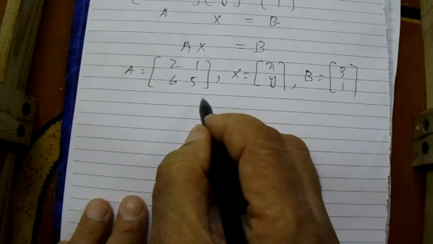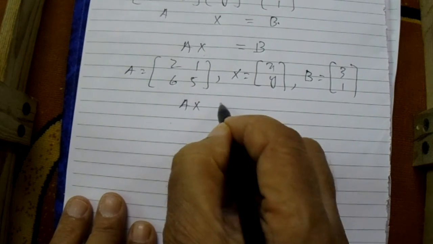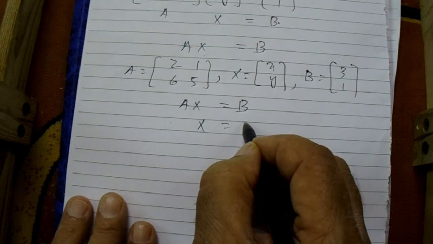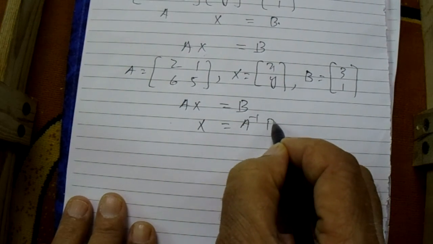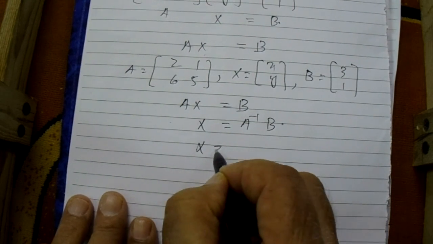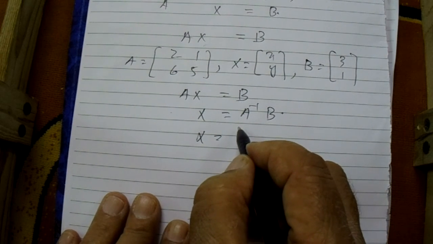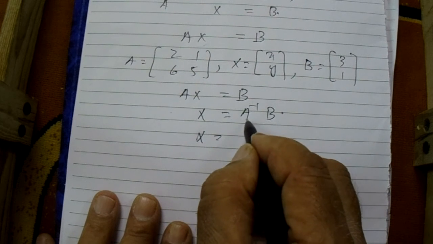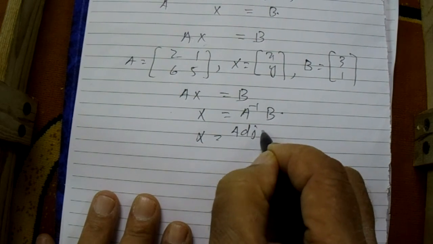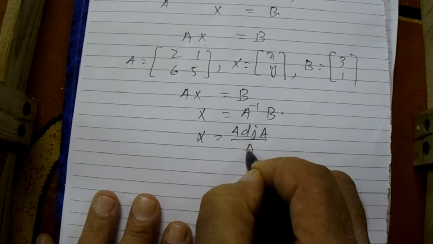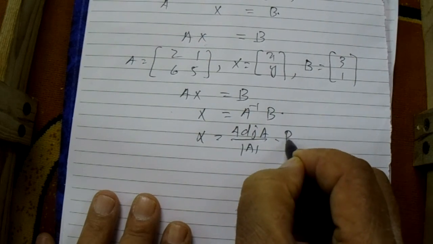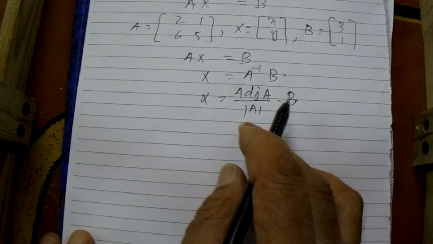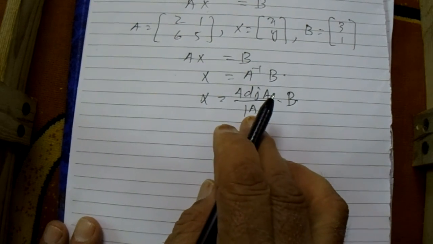Now again we write AX is equal to B and X is equal to A inverse B. A inverse, as we found in exercise 1.5, is adjoint A over determinant A, multiplied by B. Now here we find adjoint A and determinant A. First we will find determinant A.